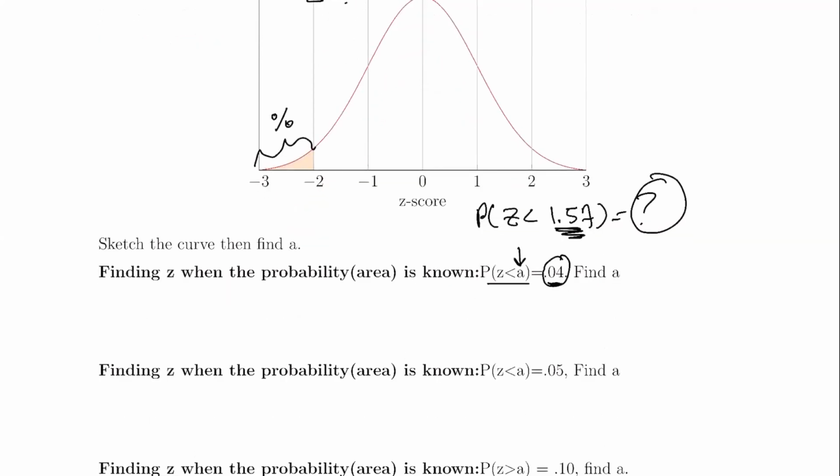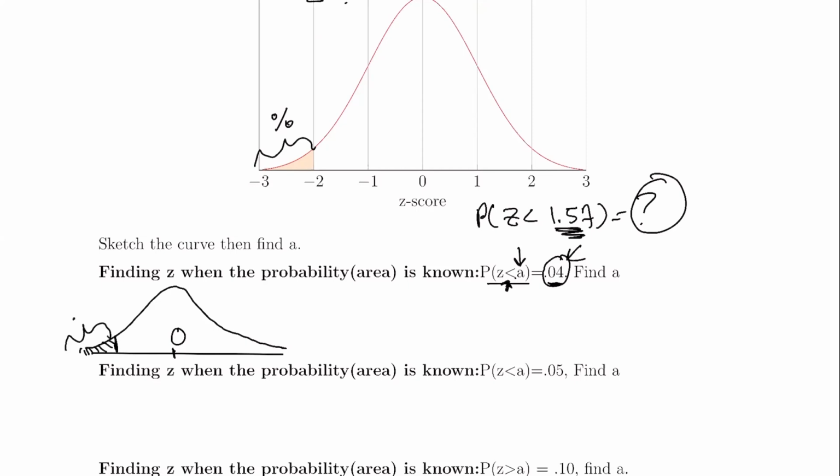First thing you want to look at is the inequality, which is saying less than. Since it's saying less than, that means we want the left-hand side. If I draw the standard normal distribution, 0 always goes in the middle. It says less than, so we want the left tail. And they're telling us it's equal to 0.04 or 4%.